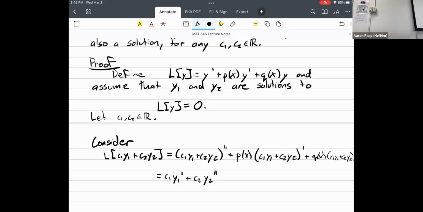But I'm still multiplying this by p of x. And I have this q of x times C1 y1 plus C2 y2. All right, well, my goal is to show this is 0. I'm headed in a good direction.